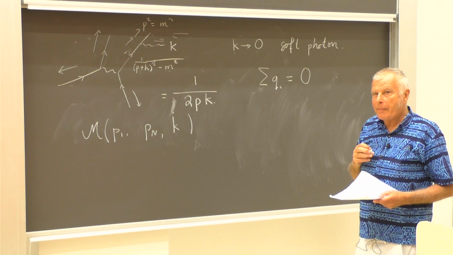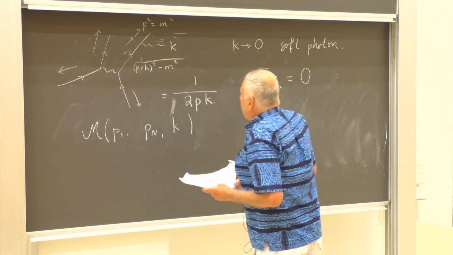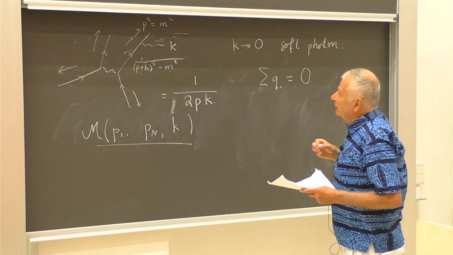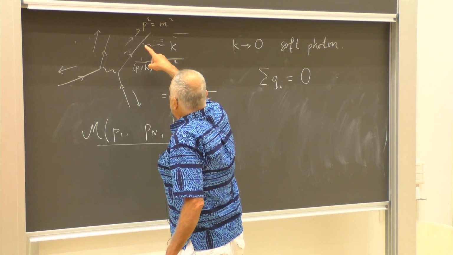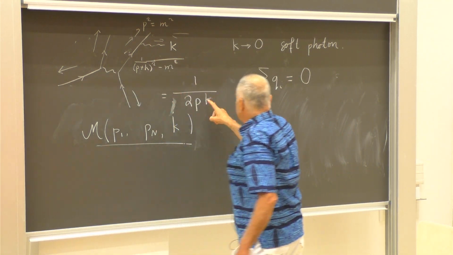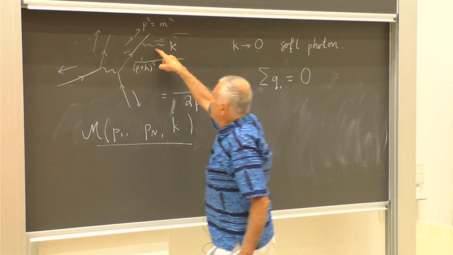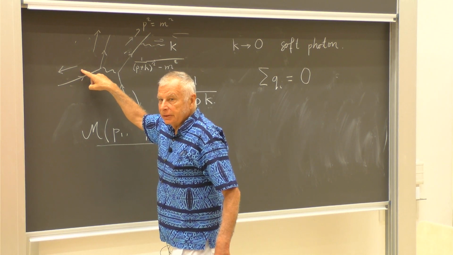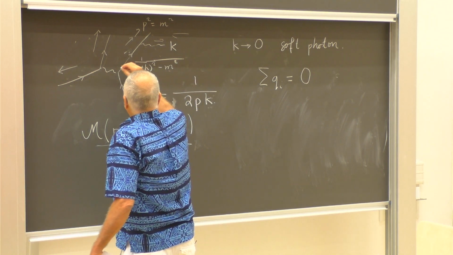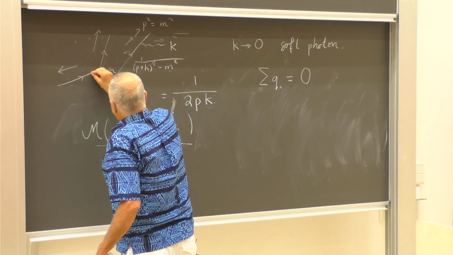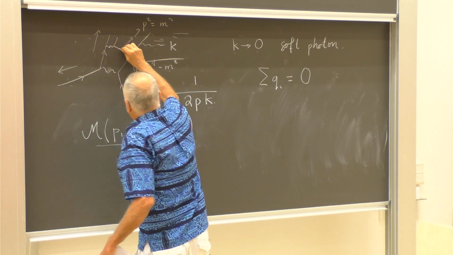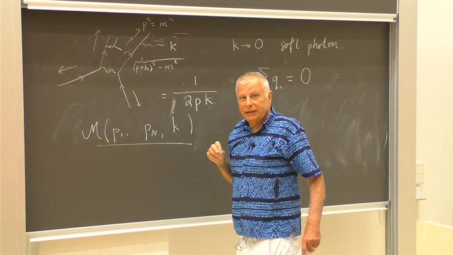Now I want to write an explicit expression for this limit, and you see that the divergent terms appear only if the photon is coupled to external legs. For example, let me draw it like that, another scalar, anti-scalar pair.